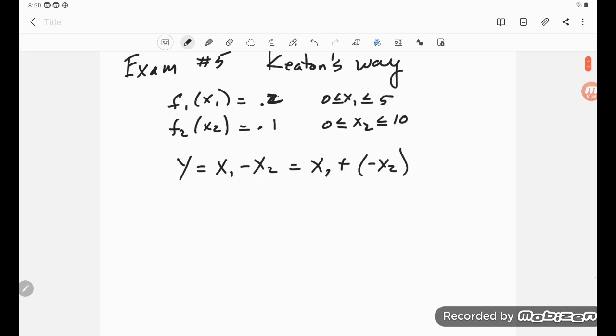And yes, it is. And so I can probably do this the way I did number 4 if I do a change of variable. So we're going to introduce x3, and x3 is equal to negative x2. And so that means f3 of x3 is 0.1, but that's for negative 10 less than or equal to x3 less than or equal to 0.